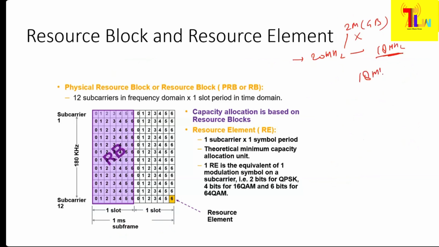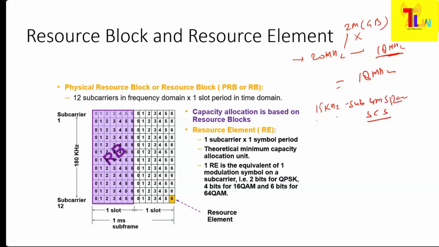As we also know, yesterday we discussed the subcarrier spacing. We divide the overall band into 15 kilohertz single subcarriers, 15 kilohertz subcarrier spacing, SCS.